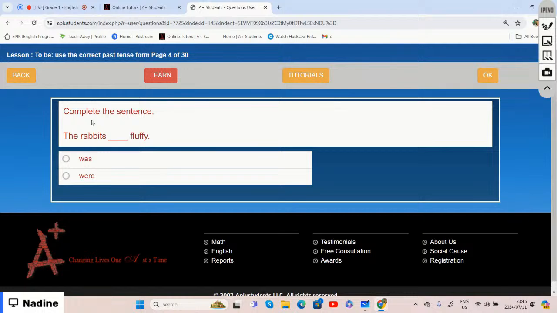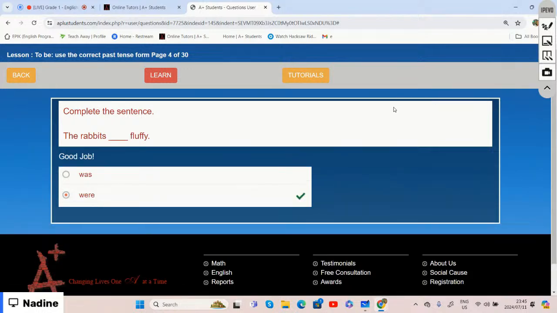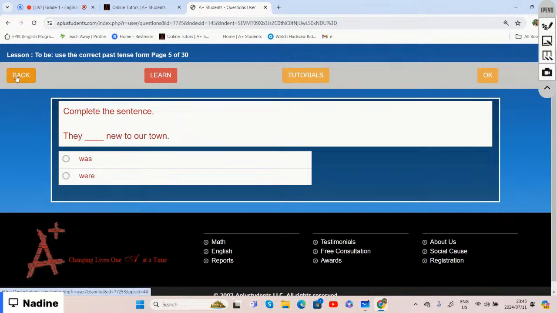All right, so we can say the rabbits, referring to more than one rabbit, they were fluffy, because we're referring to more than one rabbit.